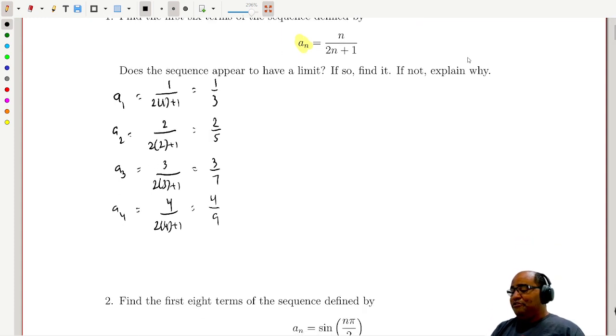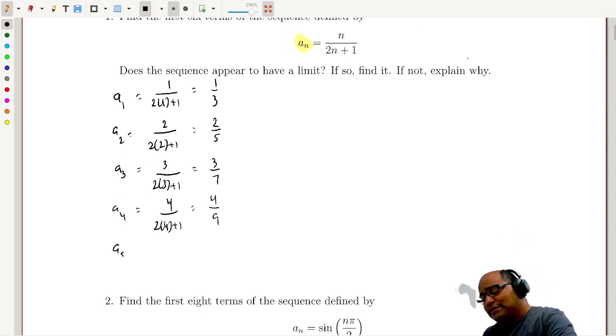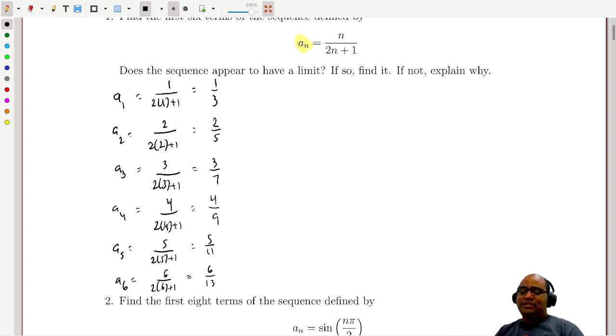And I'm pretty sure you can guess the pattern here for 5 and 6, but let's just write it down. 2 times 5 plus 1, that's 5 over 11. Then a6: we have 6 over 2 times 6 plus 1. That gives us 6 over 13. And you can probably figure out the rest: 7 over 15, 8 over 17, and so on and so forth.